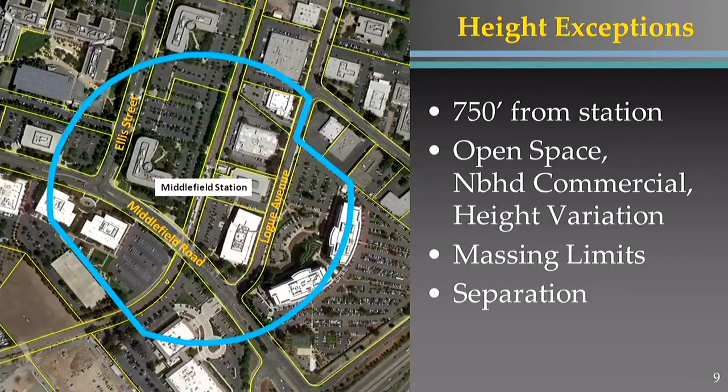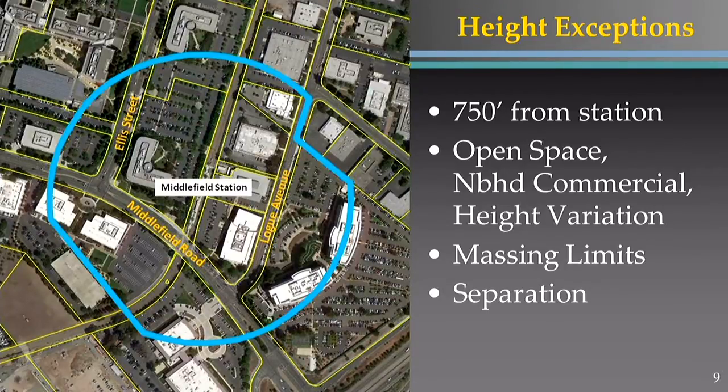Council also directed staff to study potential height exceptions near the Middlefield Station. Staff is recommending a 750-foot buffer from the station, shown in this map, within the high-intensity mixed-use area. In addition, it would not be allowed to go within 200 feet of the precise plan boundary.